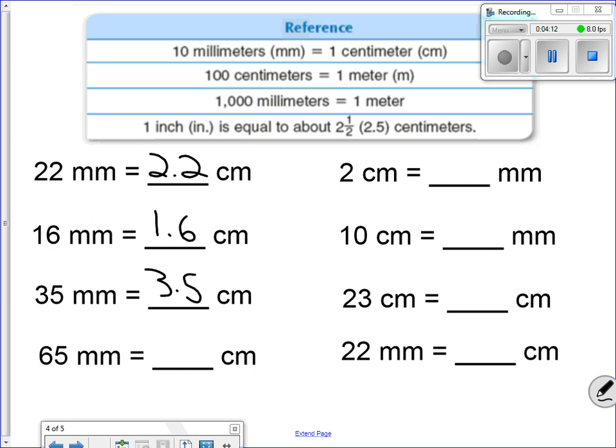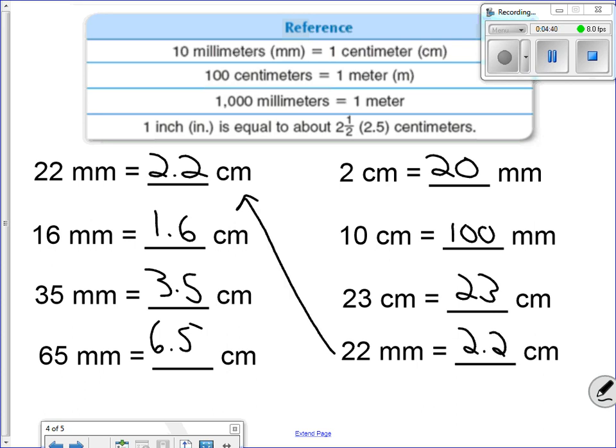If I had 65 millimeters, that'd be 6.5 centimeters. 2 centimeters would be 20 millimeters. 10 centimeters would be 100 millimeters. 23 centimeters would be 230 millimeters. And the last one, 22 millimeters would be 2.2, just like this problem.